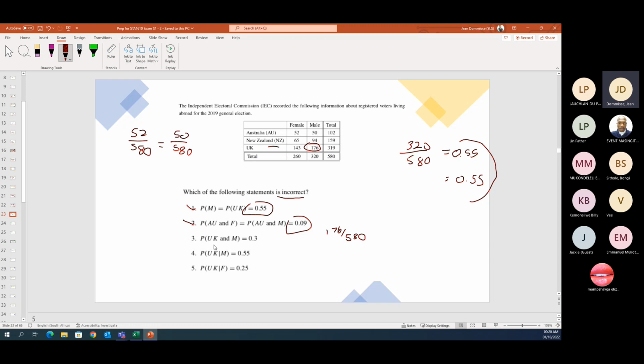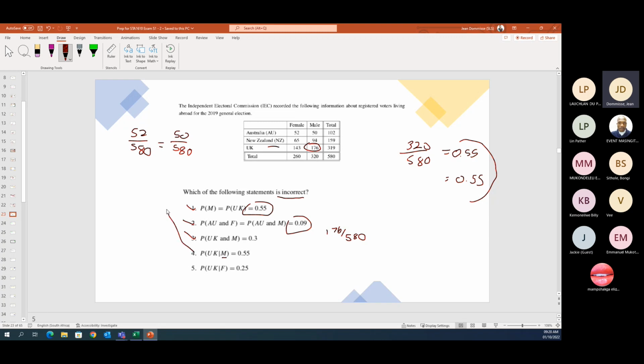So they ask us UK and male, and when they don't give us that given, it is for the whole sample that we are looking at, which is 550. So it's 176 divided by 550. So it's correct. Okay, so it is then one of these two.